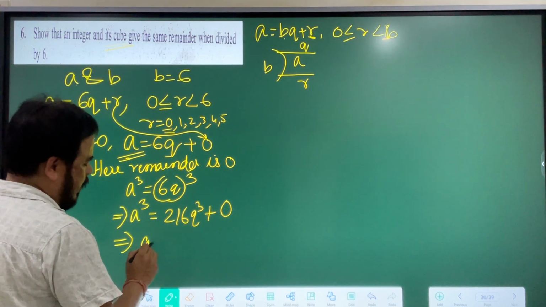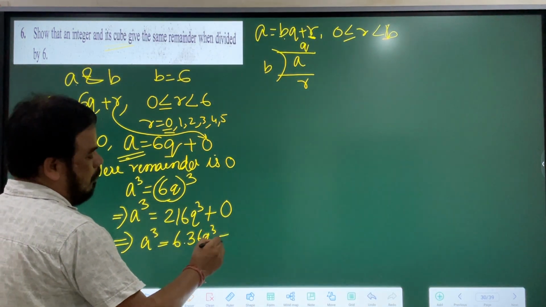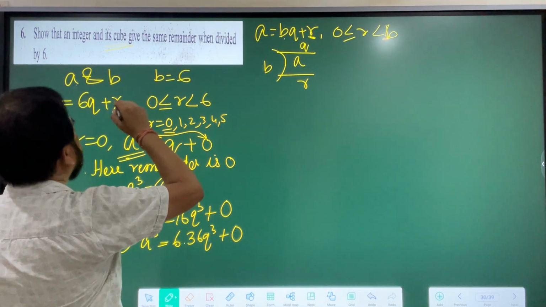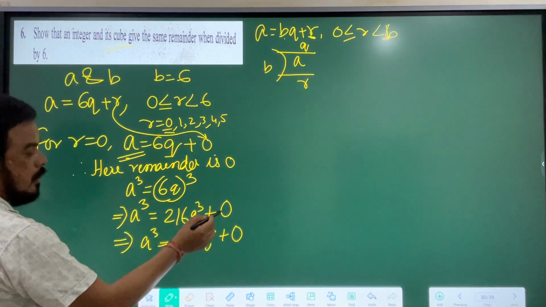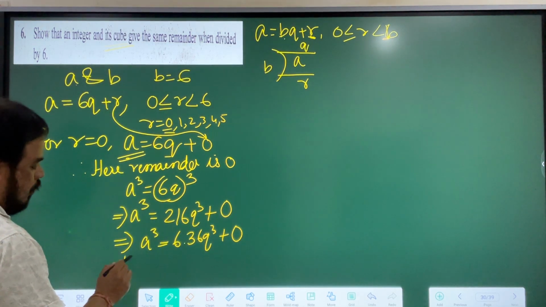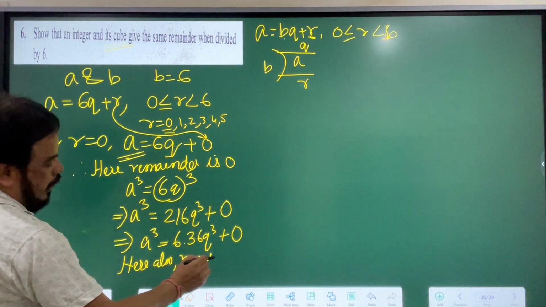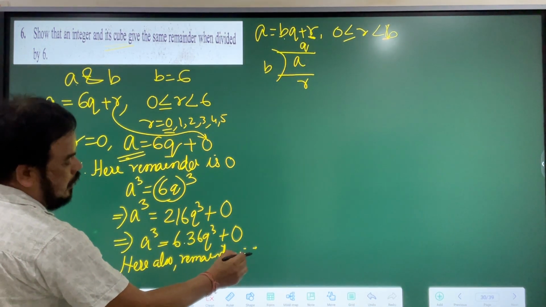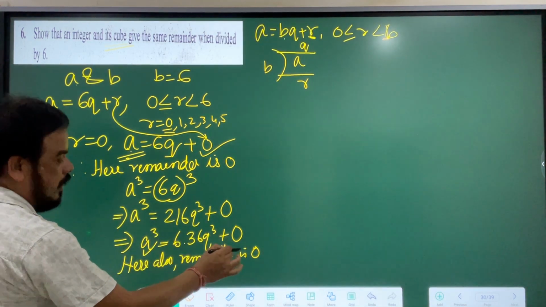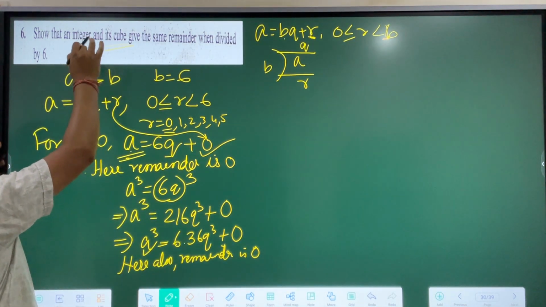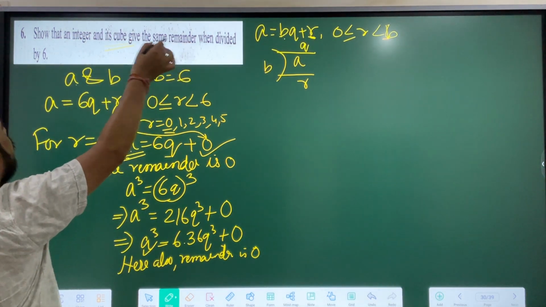A cube is equal to 6 into 36Q cube plus 0. In 6Q plus R, what is R? The remainder, 0. So here also the remainder is 0. In A, the remainder is 0. In A cube also, the remainder is 0. That is what we are supposed to prove: that an integer and its cube give the same remainder when divided by 6.